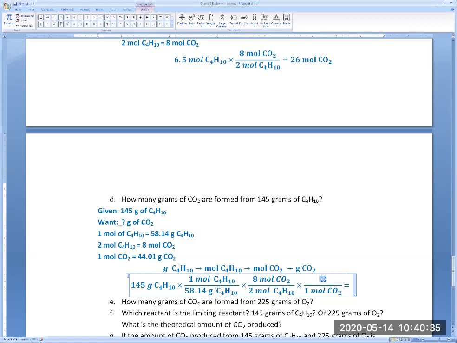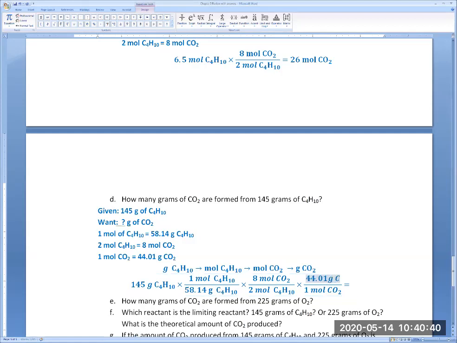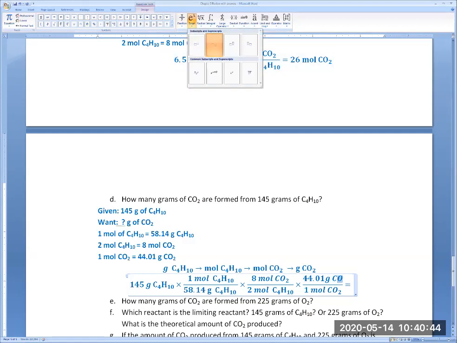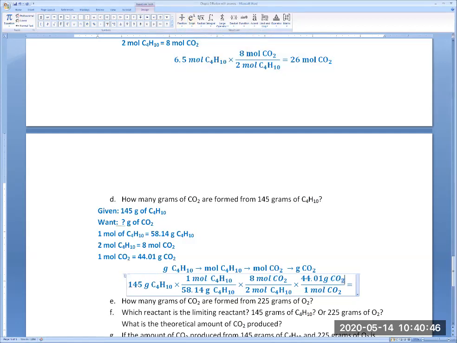And that's 44.01 grams of CO2. Okay, so I cannot really show how the units cancel with lines that cross the units, but I really want you to emphasize that grams of C4H10 here cancel with these ones.